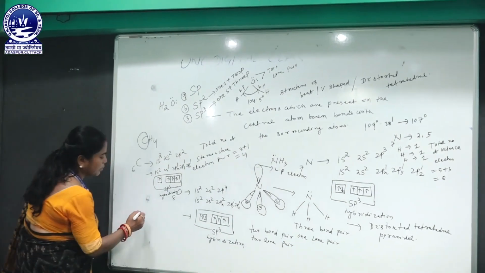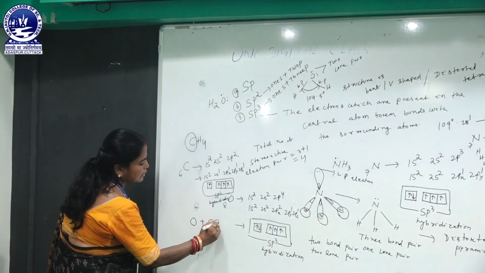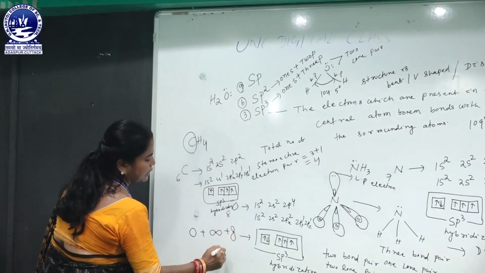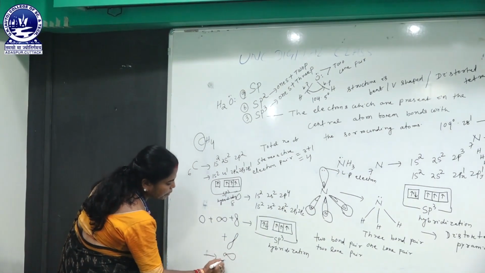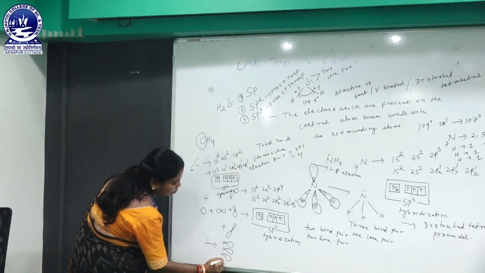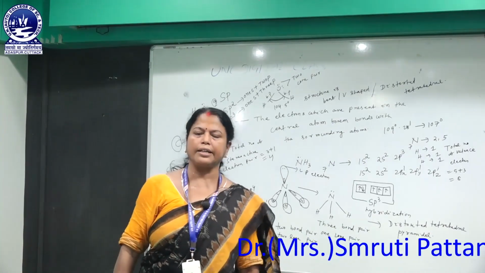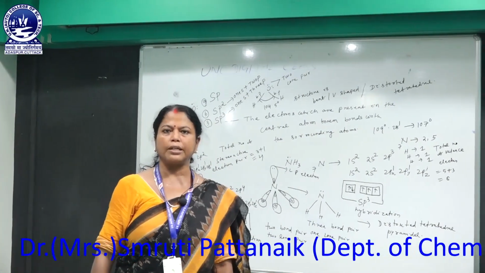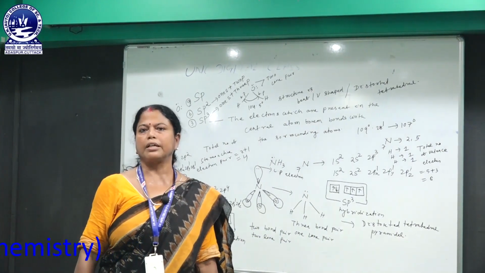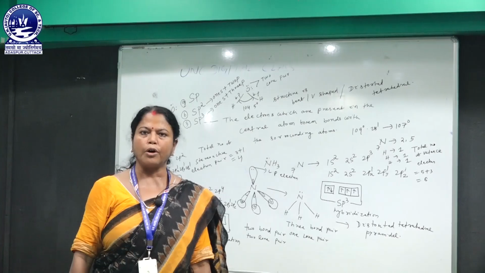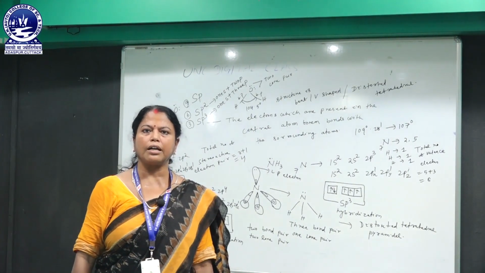So 2s, 2px, 2py, 2pz produce 4 equivalent sp3 orbitals, and these 4 hybrid orbitals are directed towards the 4 corners of a tetrahedron. The geometry of the molecule is tetrahedral, having bond angle 109 degrees 28 minutes. So this is all about your VSEPR theory and hybridization.